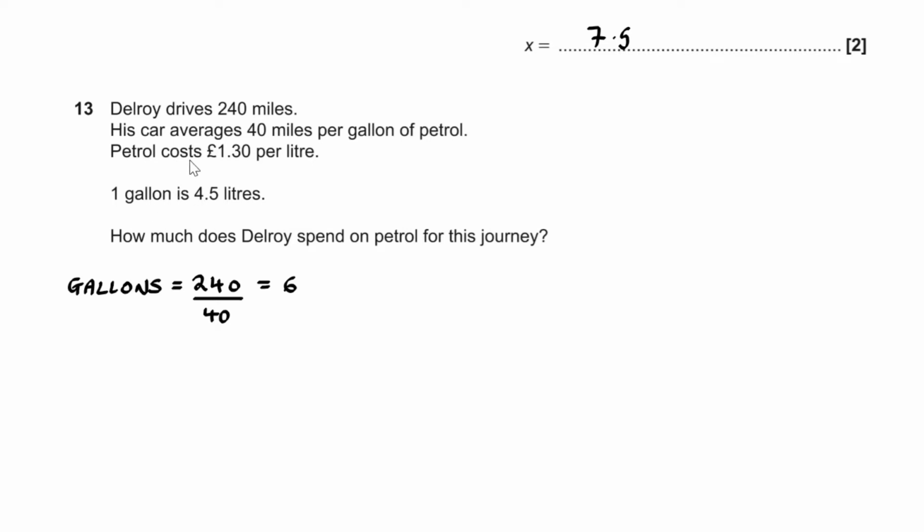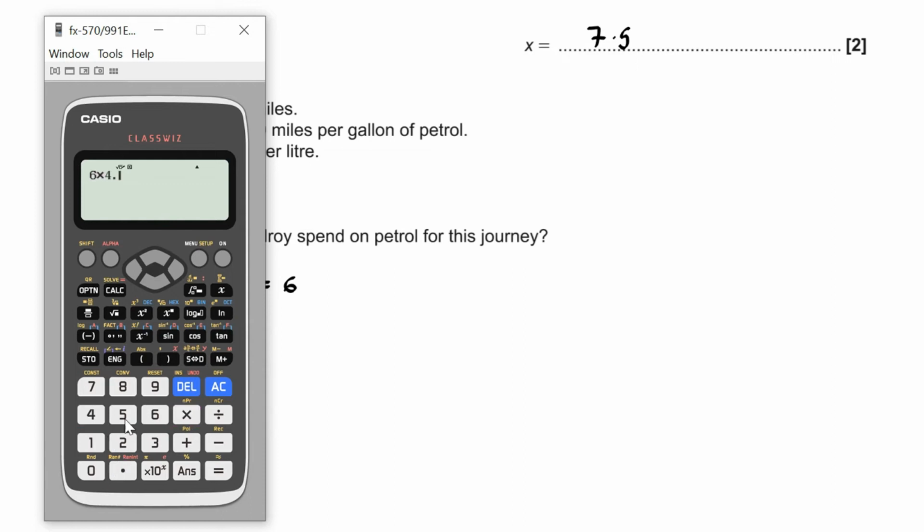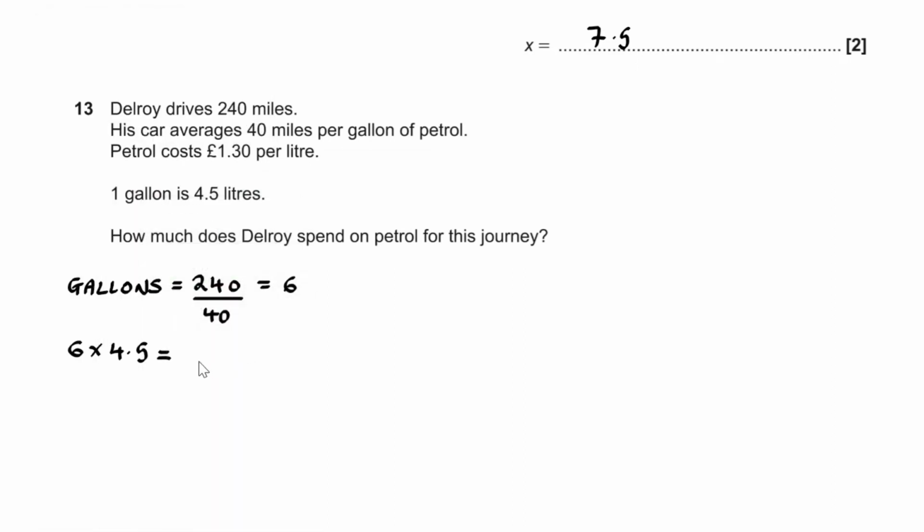Now, we know that petrol costs £1.38 per litre, and we know that 1 gallon is equal to 4.5 litres. So therefore, we have 6 times 4.5, which is equal to 27.